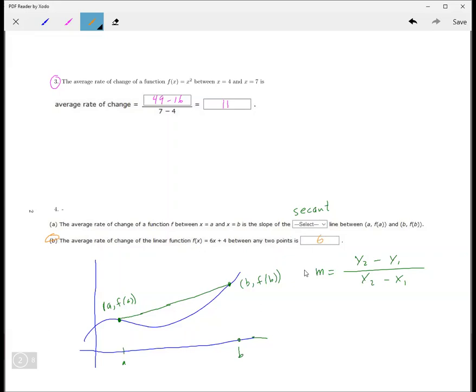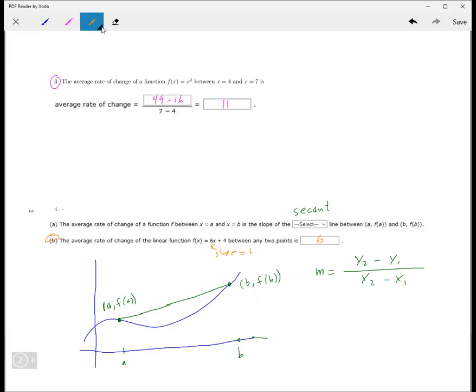Okay, because no matter what, if you have 2 points on this line right here, on the line y equals 6x plus 4, then the slope of the line segment is just this line, and this line has slope 6. Okay, so basically, the average rate of change is the slope of the secant line. Okay, so that's where that comes from.